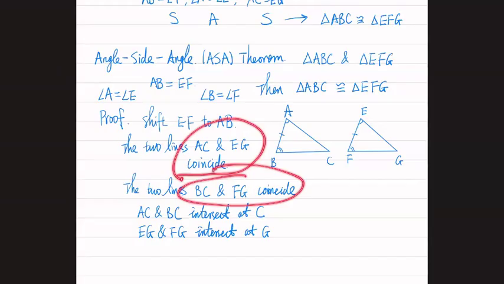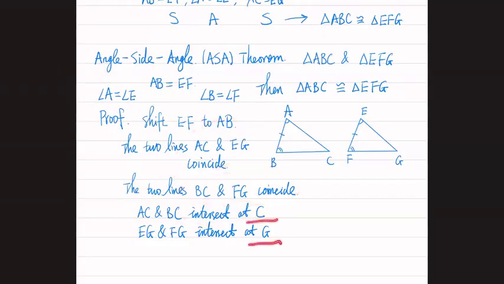Two lines can intersect at only one point, so this implies these two points must be the same.